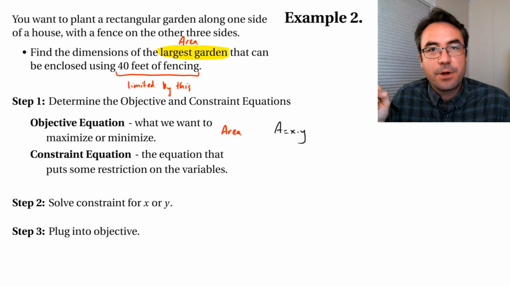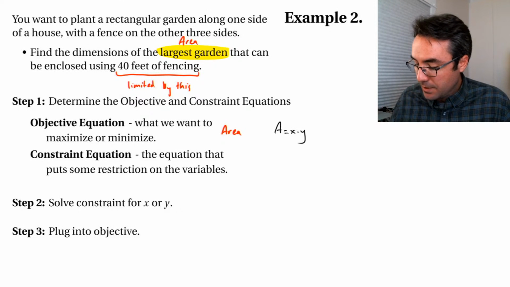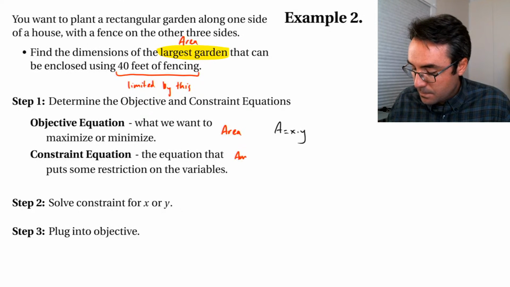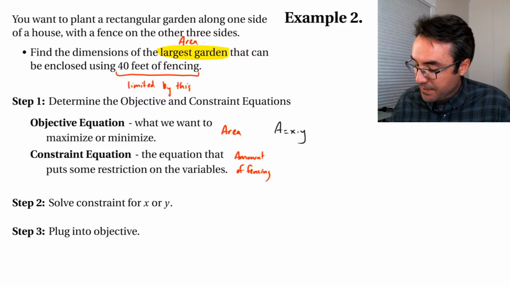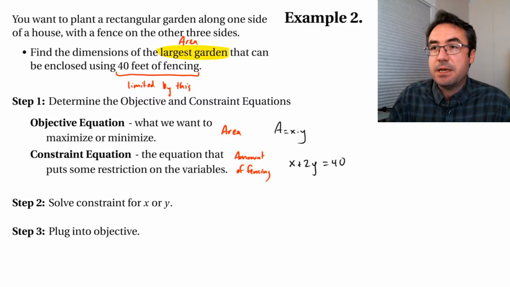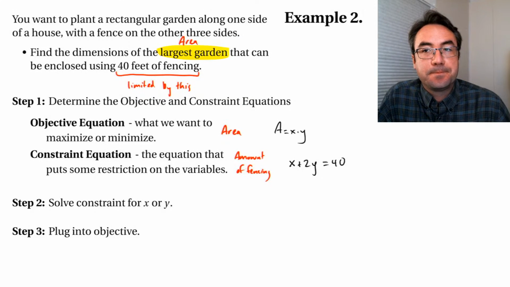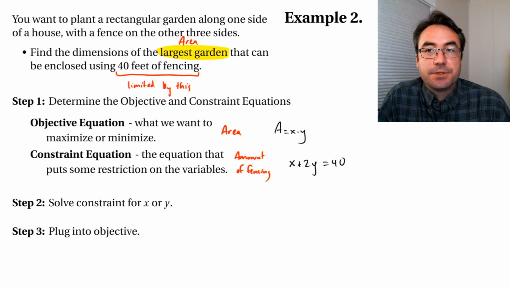So we have 40 feet of fencing to work with. That's going to be our constraint equation. So let's write down our formula for the amount of fencing. We said that it was x plus 2y, and we know this must be equal to 40. So there are our two equations. Area is our objective, and the amount of fencing set equal to 40 is our constraint.